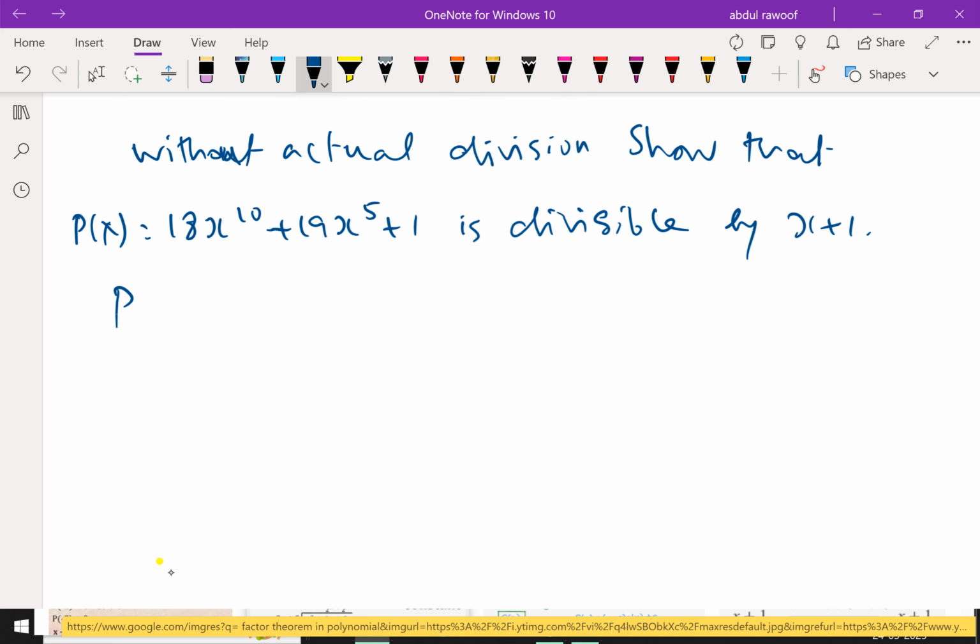Here x plus 1 is given, therefore we have to use p of minus 1. So 18 into minus 1 to the power 10, plus 19 into minus 1 to the power 5, plus 1. An even power of minus 1 is positive, so minus 1 to the power 10 is 1, that is 18.